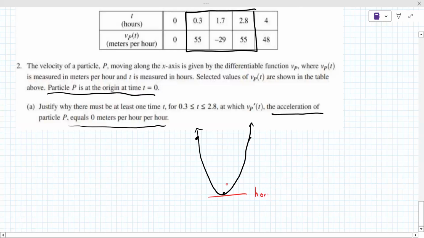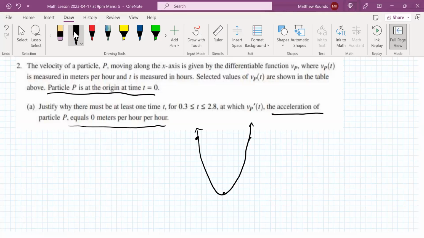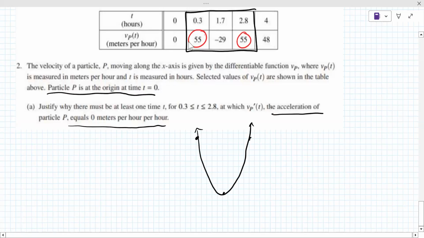Now, to be more specific, we're supposed to use the fact that, do you see how these values are the same? The y values of the velocity are the same. Yes.